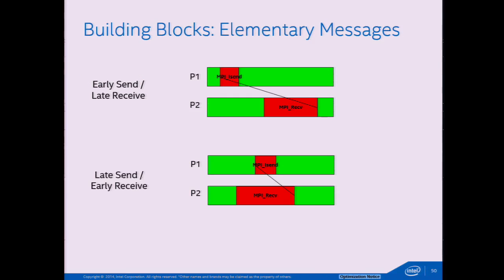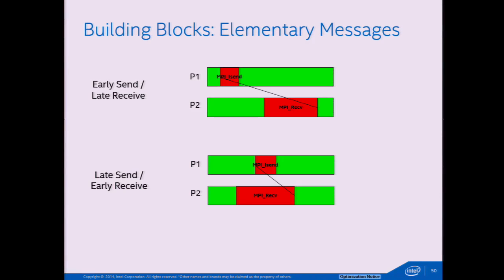If you look at two different examples, in the first example, I'm posting a non-blocking send early, and then continuing my computation, and the receive is posted at some point after. In the second case, I'm actually posting my receive early, and then doing my send after the fact. So let's look at the first example.